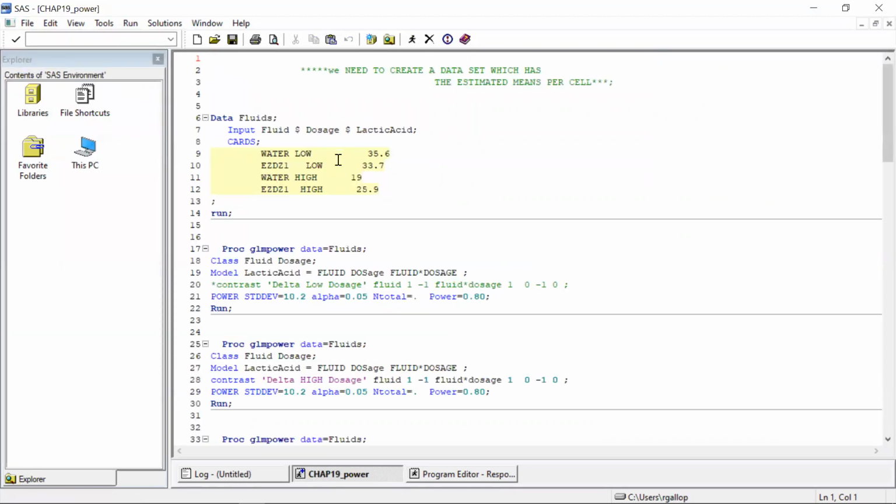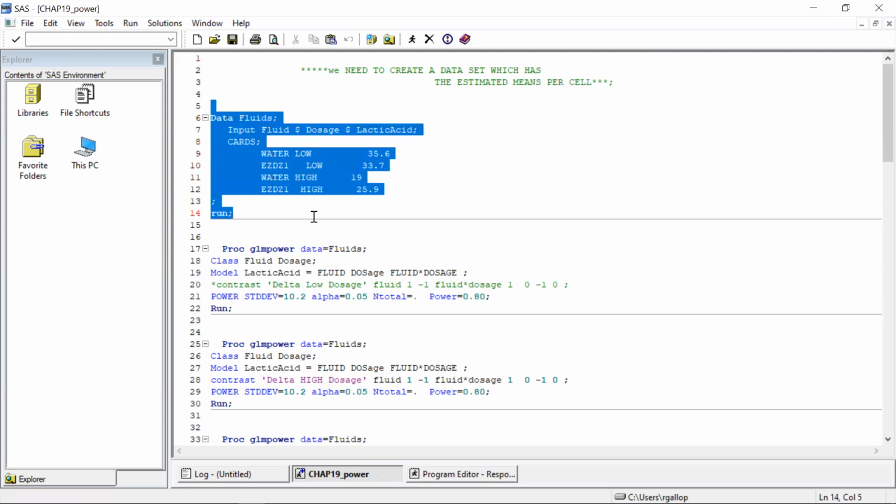So here's the example here. I'm going to load the data with the cell means. Now, some of you may read that you could load raw data into proc GLM power, and that's true.